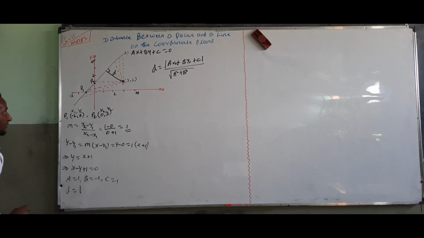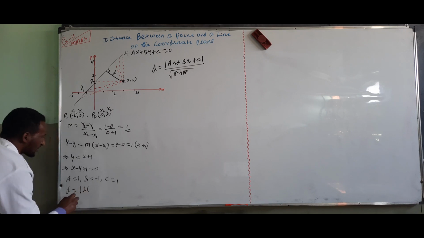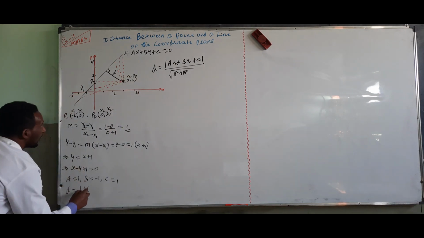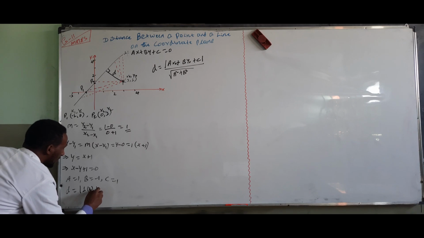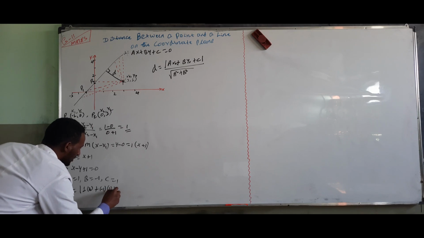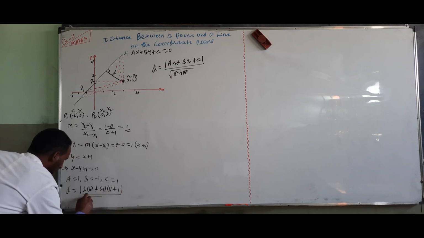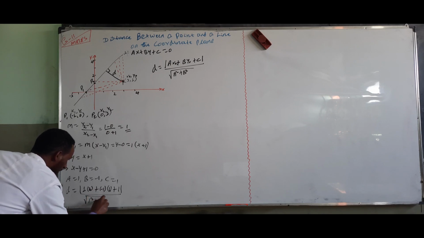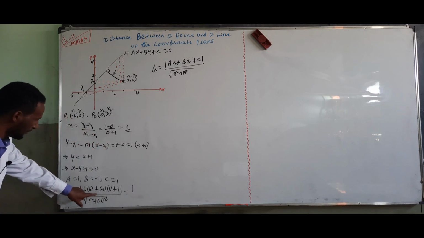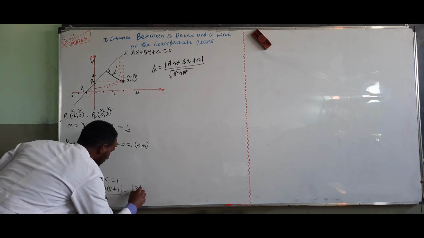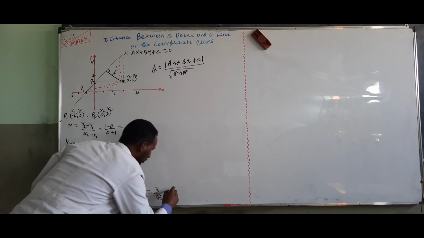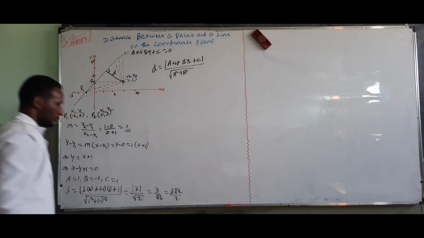distance is equal to the absolute value of a means 1 times x naught, where we take this as x naught comma y naught, x naught means 3, plus negative 1 times y naught means 1, plus c means 1, over the square root of 1 square plus negative 1 square, which is equal to the absolute value of 3 minus 1 plus 1, which is equal to 3 over square root of 2, which is equal to 3 times root 2 over 2.